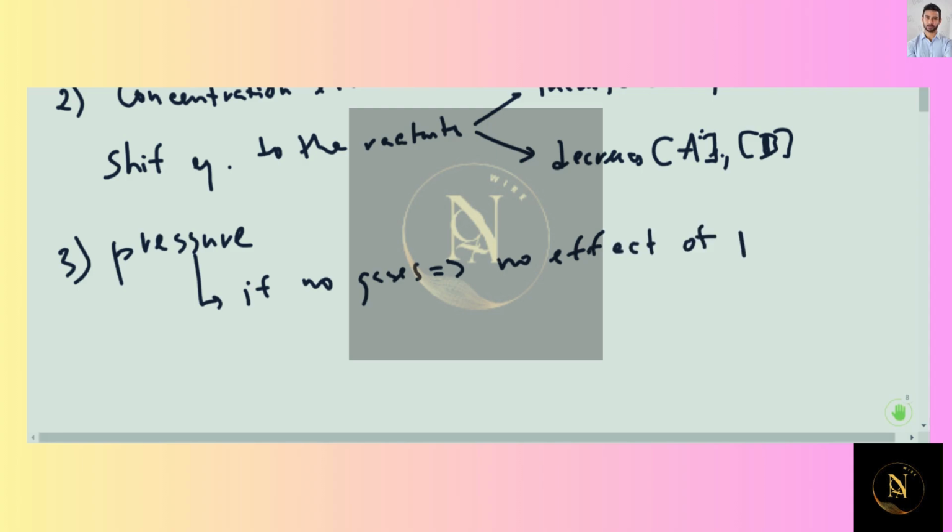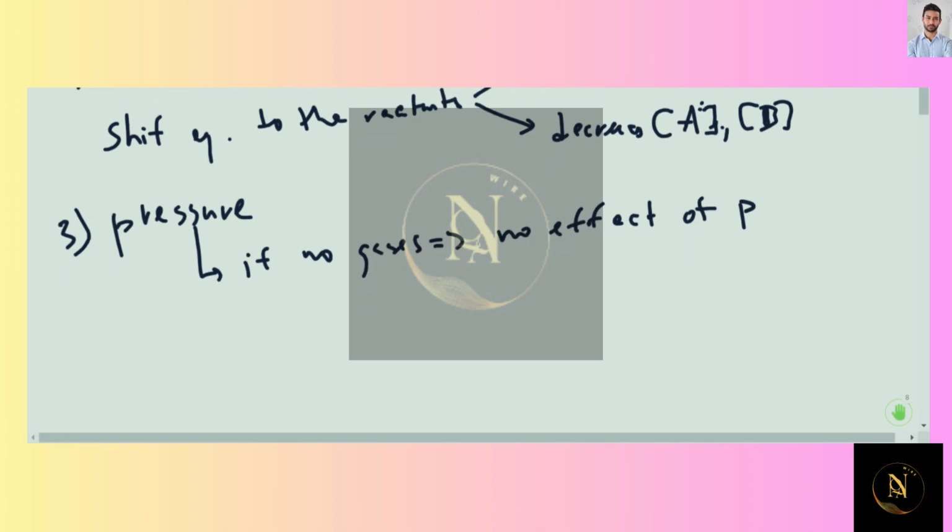But if some products are gases, we have to calculate the sum of gases on the left and on the right side of the equation. So here we count only gases.